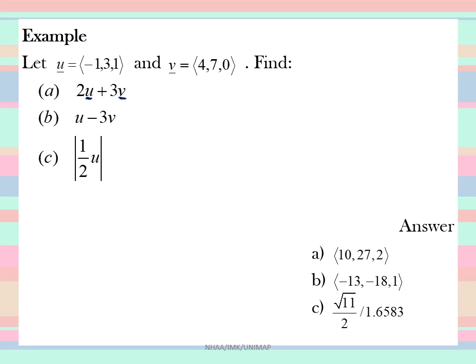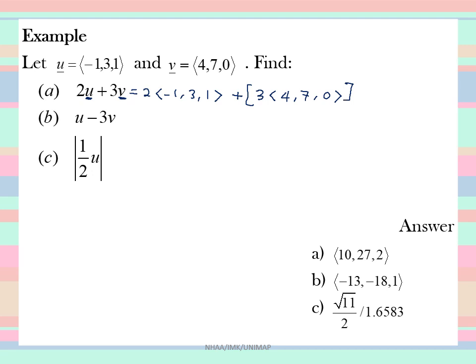So what you do is, this is equal to 2 times (-1, 3, 1) plus 3 times (4, 7, 0).